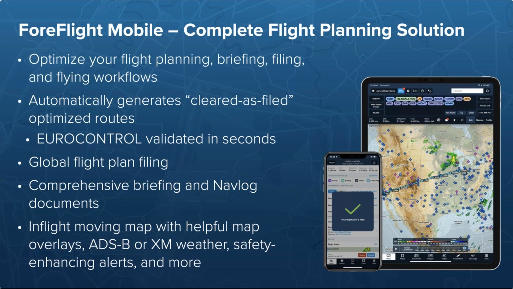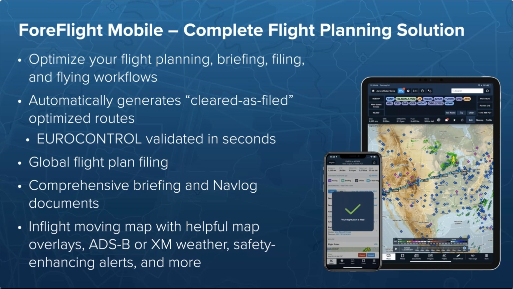The ForeFlight mobile app automatically generates cleared as filed optimized routes. So it's very easy to add your flight plan, but also to get the optimized route, and when you file it, you basically get those cleared as filed routes through there. So it's very, very efficient, very quick in that respect, and you get to do all that in one app without having to switch to another flight planning app.